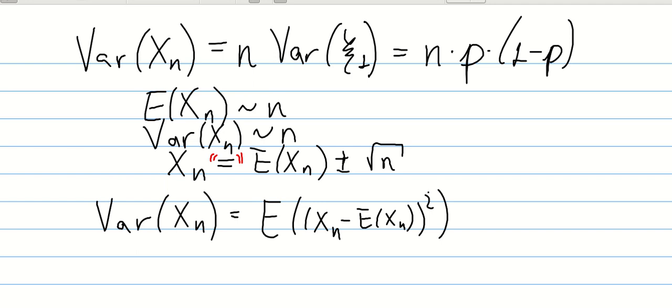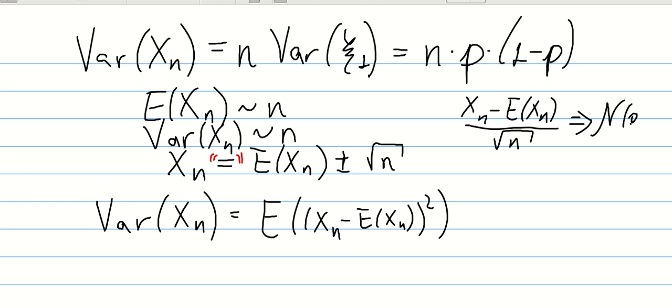So the fact that there is a square here says that the deviation is of order square root of n. Another way to say that this is true is recalling the central limit theorem that says xn minus its expectation over square root of n is going to converge to a normal random variable.